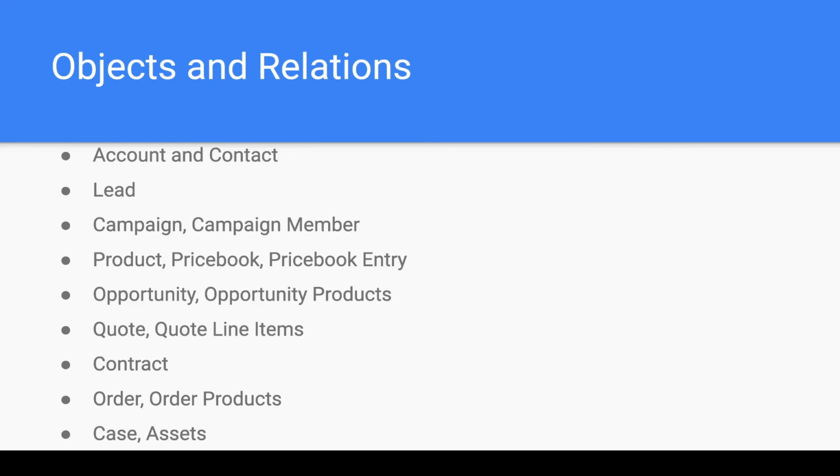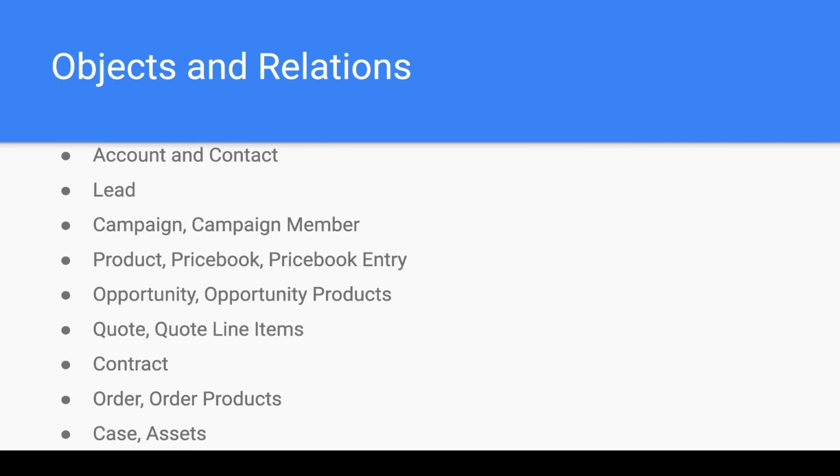And once a contract is signed, if you are tracking your orders in Salesforce, usually there will be an order and order products in Salesforce. It will be very similar to quote and quote line items or opportunity and opportunity products. It's basically the finalized order and all the products that are sold as part of that order. Then the next one is case and assets. Cases are nothing but service requests related to the products that you sold.